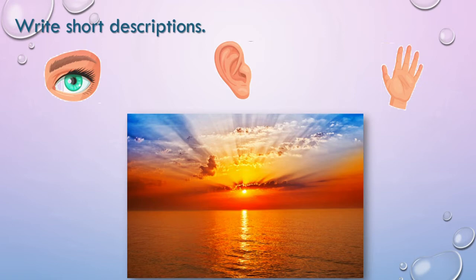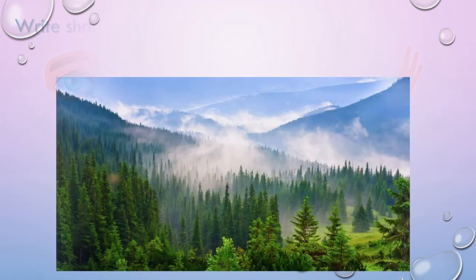Correct? Here no use of tongue and no use of nose, means smell. Like this we have to decide and we have to use some of our sensory organs to describe the given picture, or the given photograph. Now here also you can see one more beautiful natural photograph.